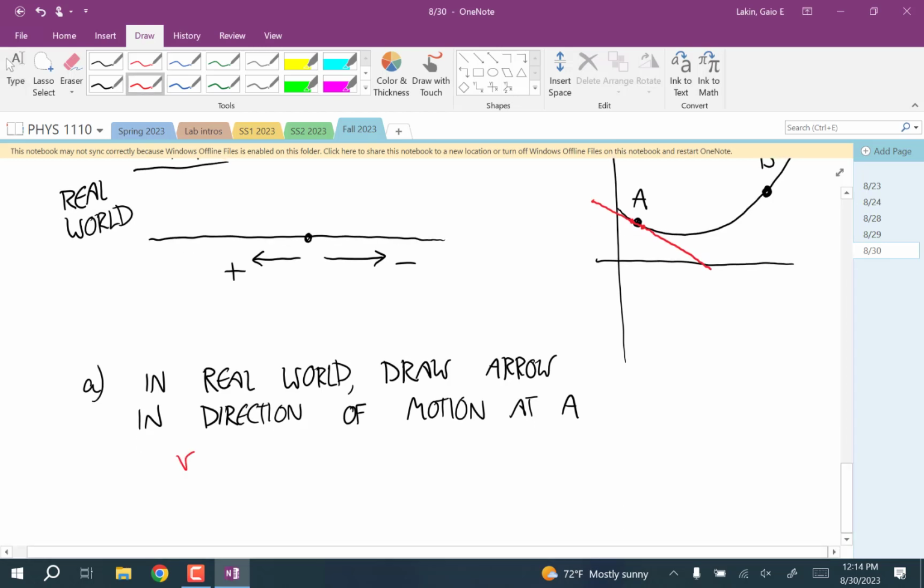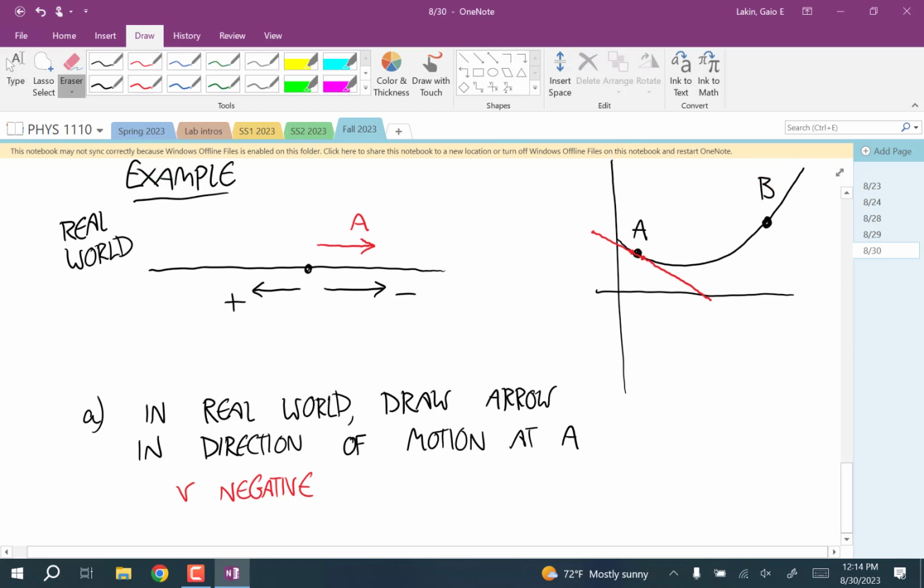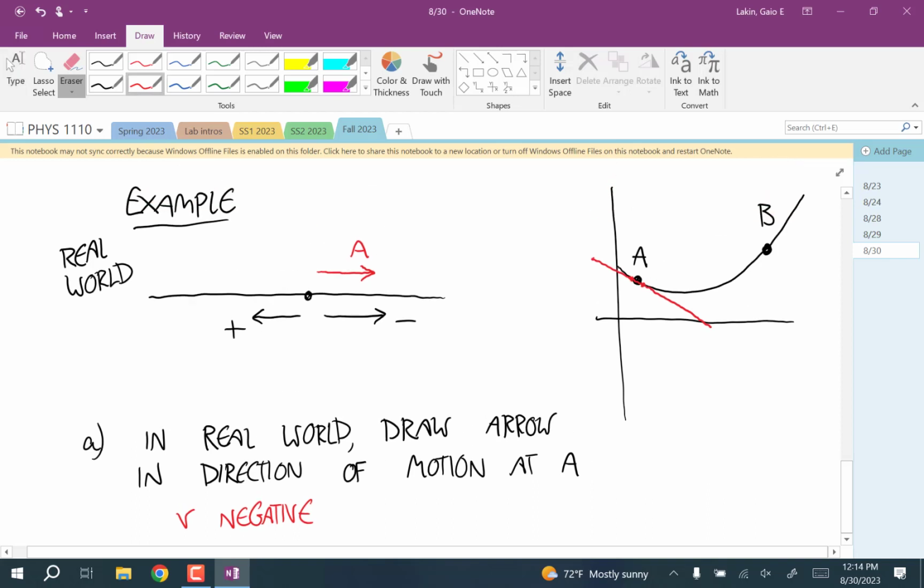So we know that the velocity is negative because the slope is negative. And then in the real world, does negative go to the left or the right? It goes to the right. So based on this position versus time graph, at the instant A, this object is moving that way, to the right. Okay?